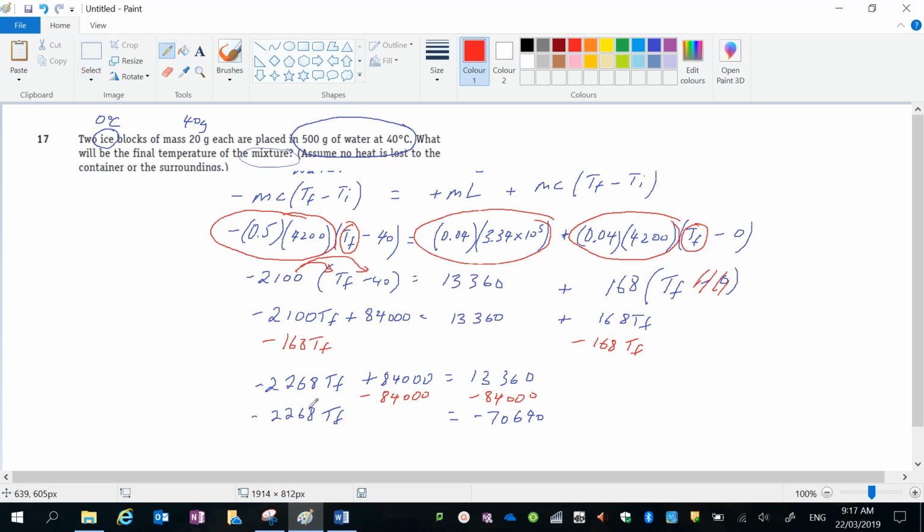Now to finish off, we just divide both sides by negative 2268, because that will remove that number. Which gives us TF equals 31.1 degrees Celsius. Okay, that's it.